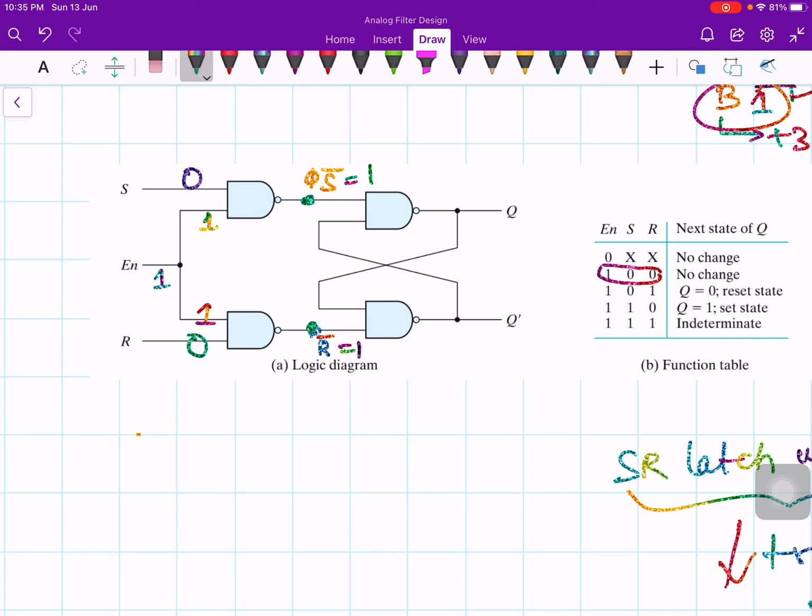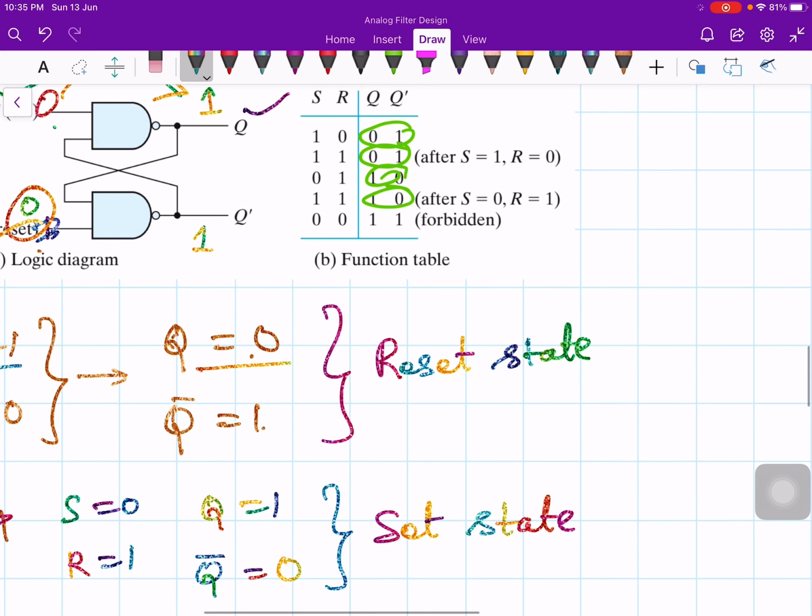Okay, if any one input is 0, then the output is 1. So if both are 1 1, then the output is not changing, it keeps the previous state.